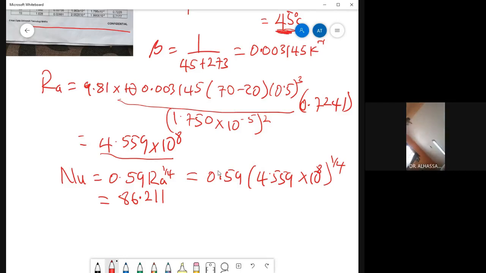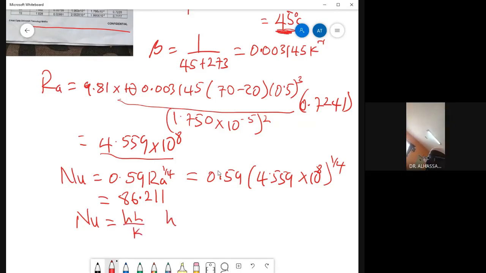Now we're going to use this to determine the value for h. By definition, this is the general equation for Nu: Nu equals h times, now this is a flat plate so we should not use D, instead it should be L, divided by the thermal conductivity.